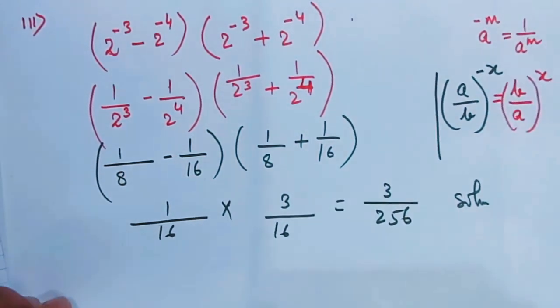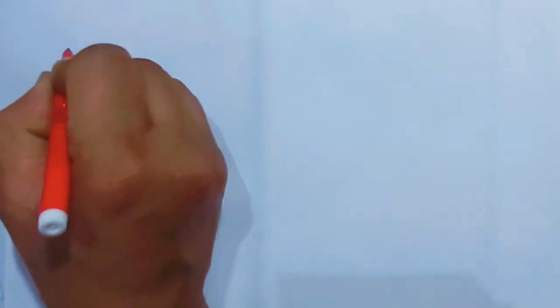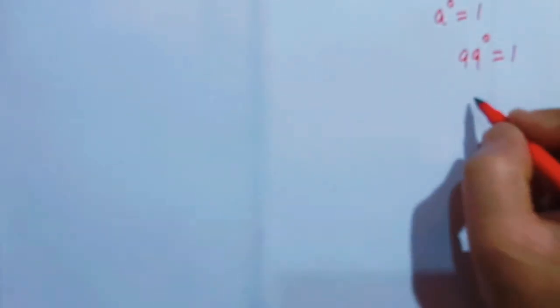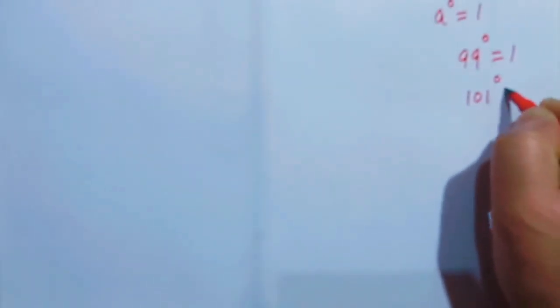Okay. Next we have some evaluation. Evaluate based on the formula that a to the power 0 is equal to 1. Means any number raised to the power 0 will be equal to 1, or you can say that 99 to the power 0 will be equal to 1, 101 to the power 0 is equal to 1.